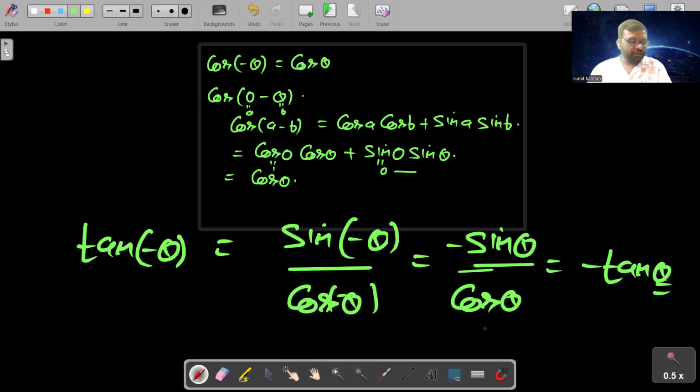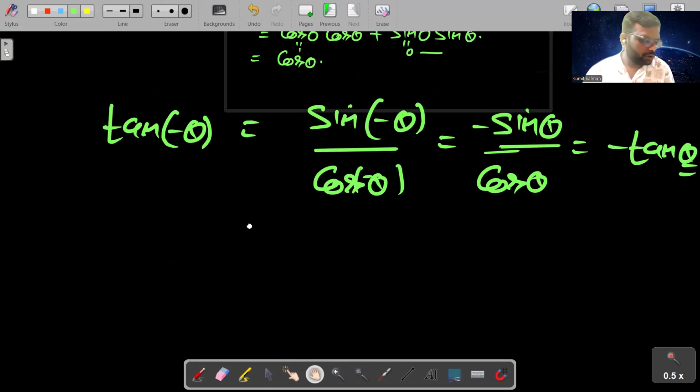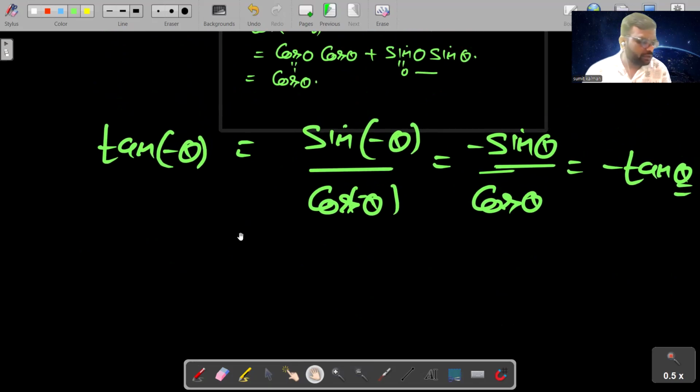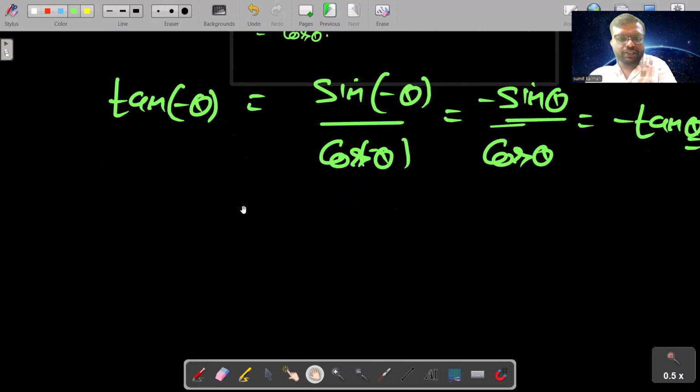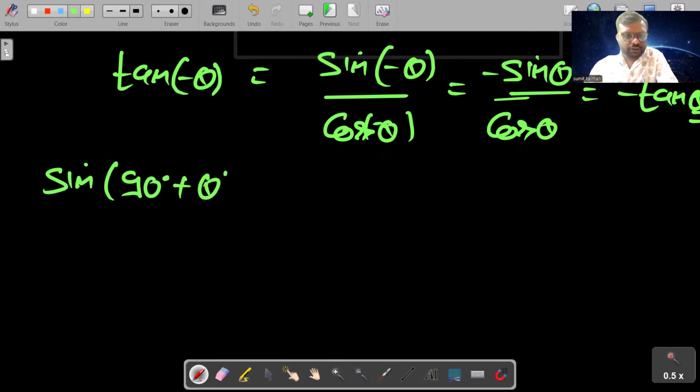Now students, this was all about trigonometric ratios of angles. And students, there is also one important identity, that is sine 90 plus theta, and next is cos 90 plus theta.